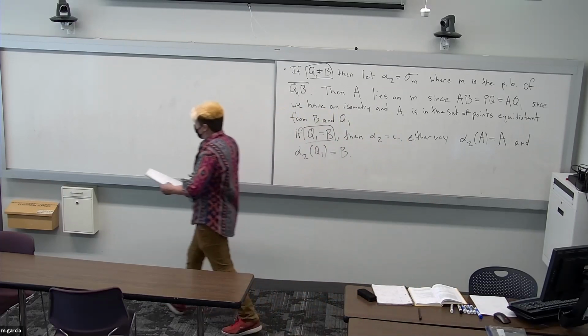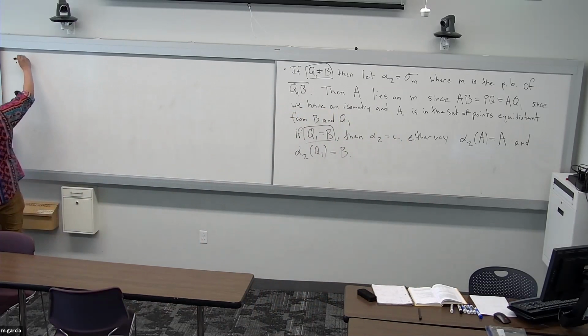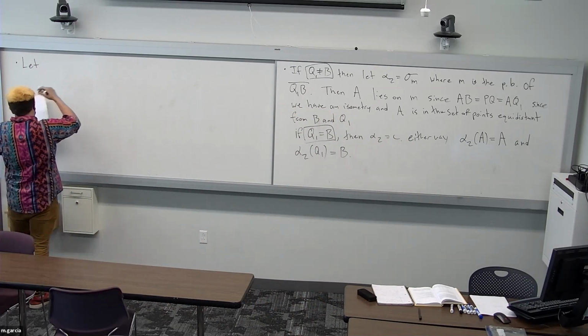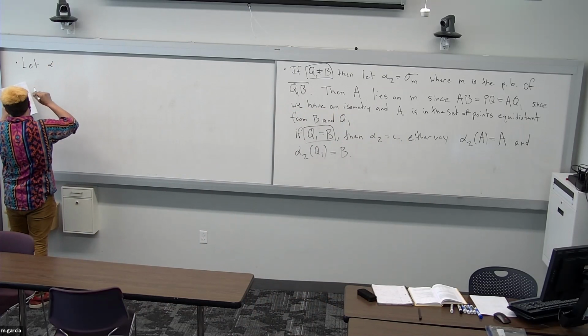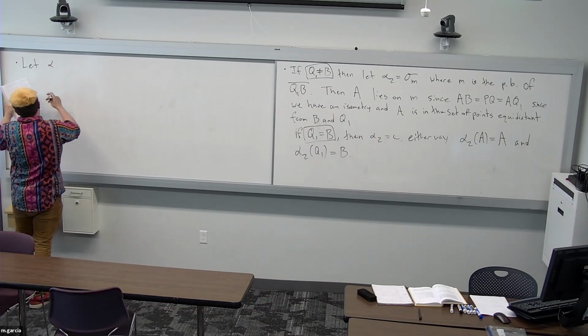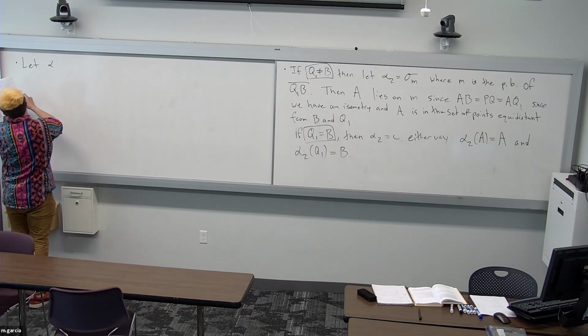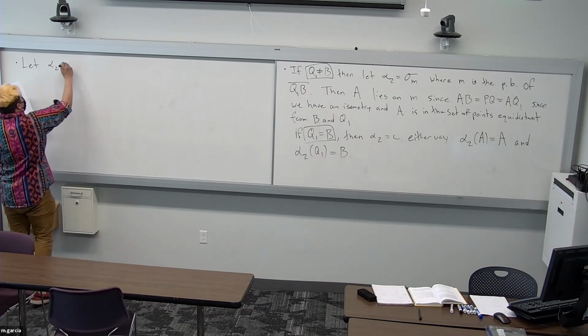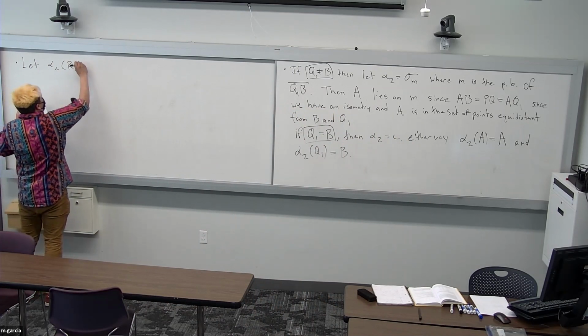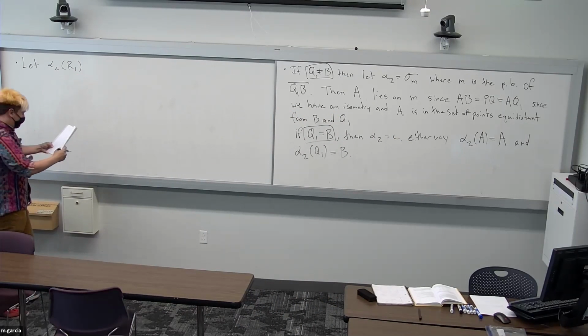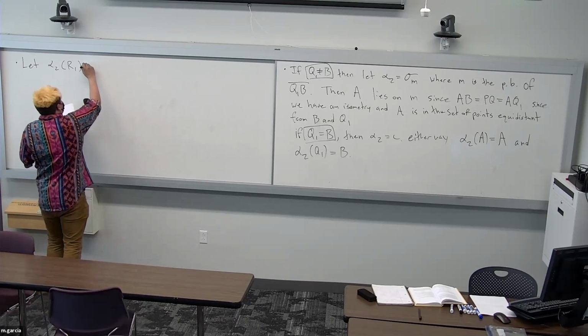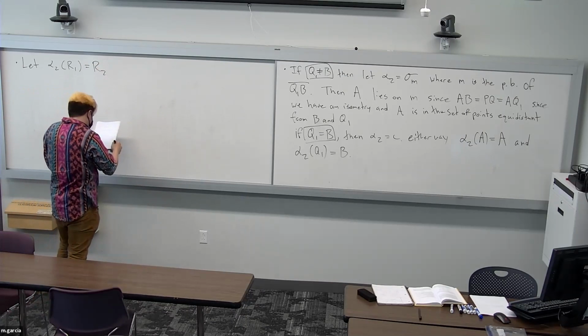Okay, so let alpha 2 of R1, remember, R1 is the image of R under alpha 1, equal R2.